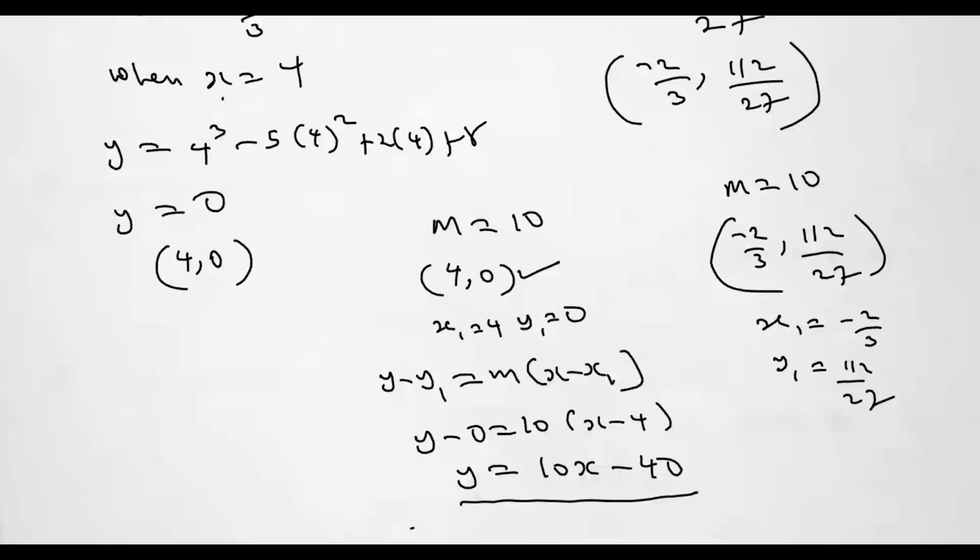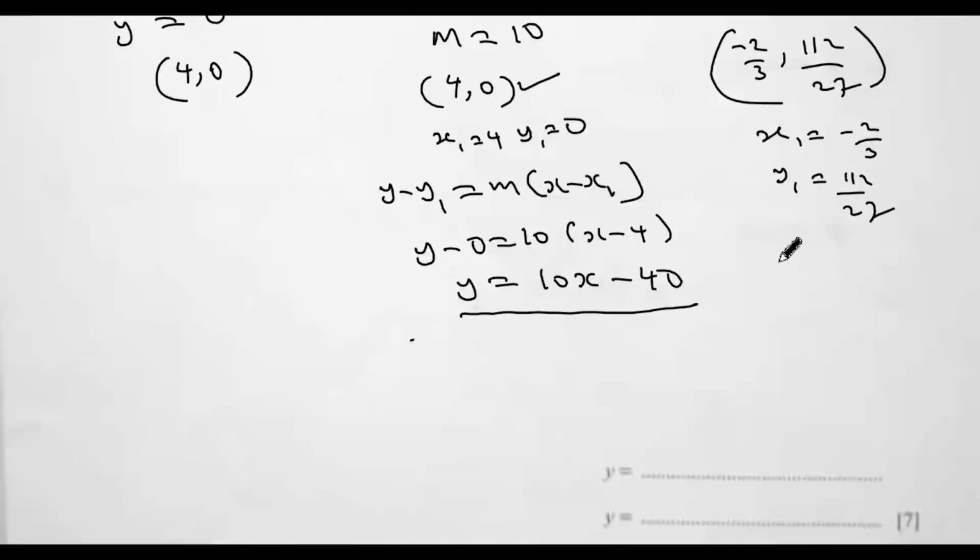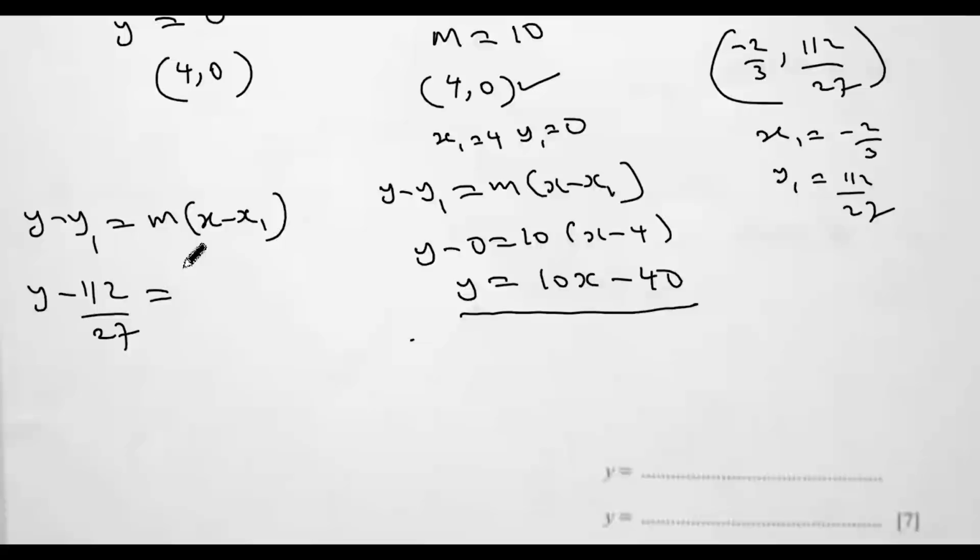So using the same equation, let me write here. y minus y1 equals m into x minus x1. So we have y minus 112 over 27 equals m, which is the gradient, 10, into x minus minus 2 over 3.